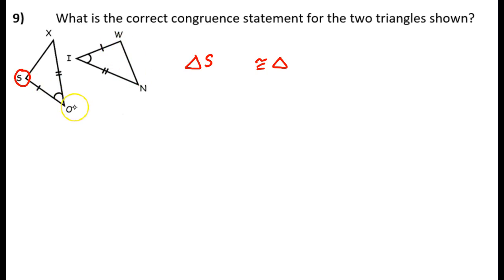I'm then going to go to O, so that has 1 marking. So the one that goes from no marking to 1 marking would be W to I because of the 1 marking on the side. So this would be WI. And then the last letter here is X, and the last letter here is N. So triangle SOX is congruent to triangle WIN.